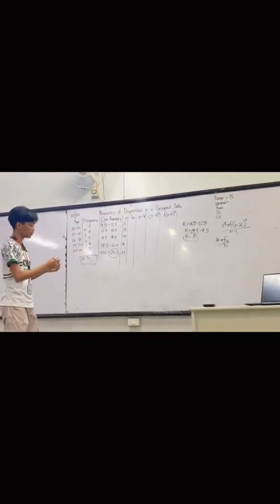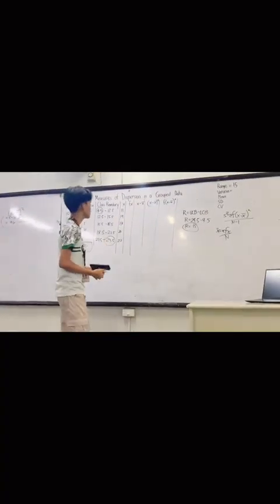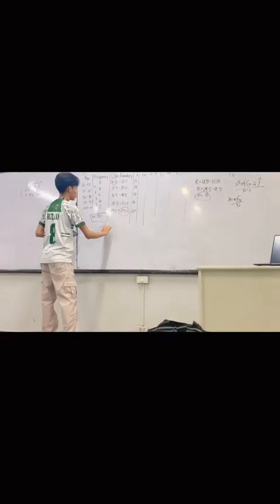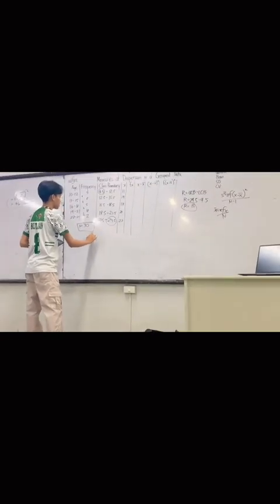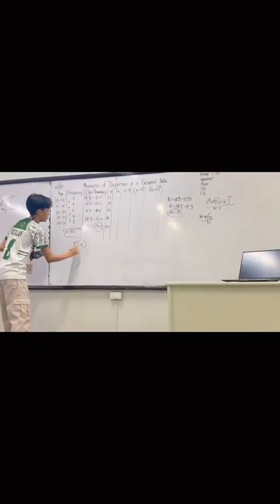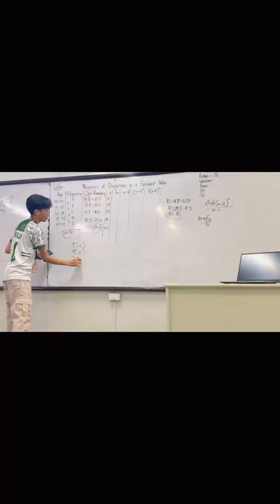In order for us to get our f times x, we just multiply f to x. For example, 5 times 11 will be 55.